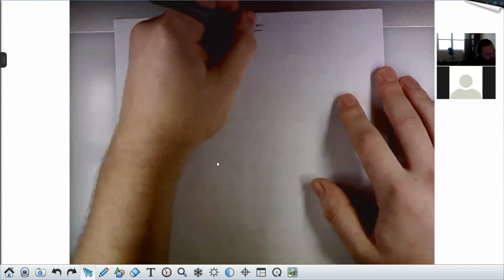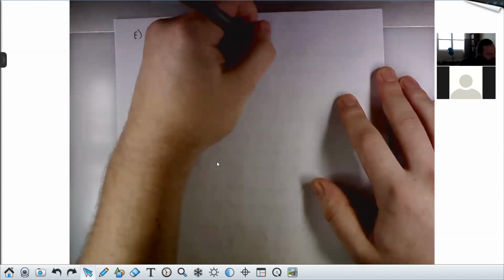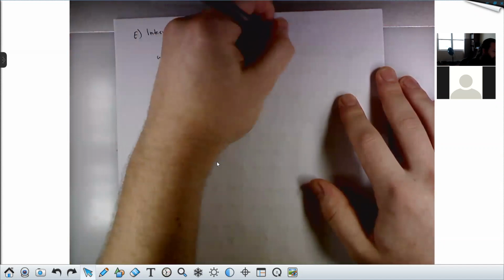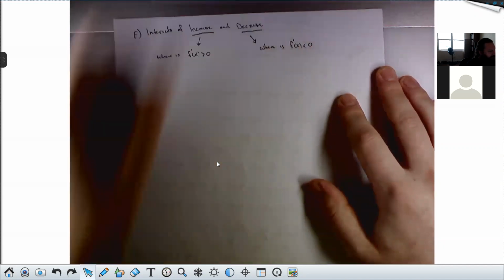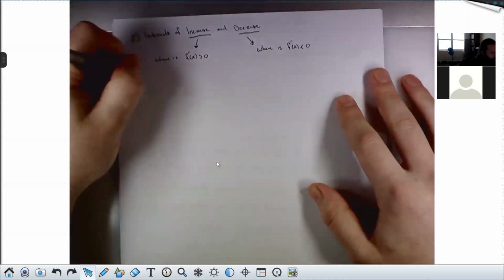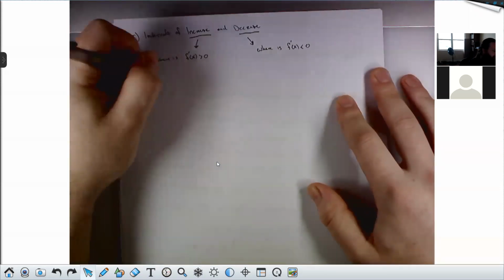And if intervals of decrease, these will be places where, to answer this, we need to know where is f prime negative. F is mins and maxes.